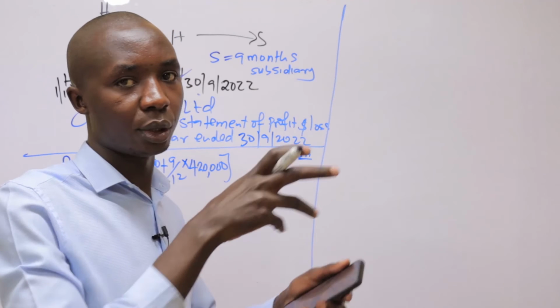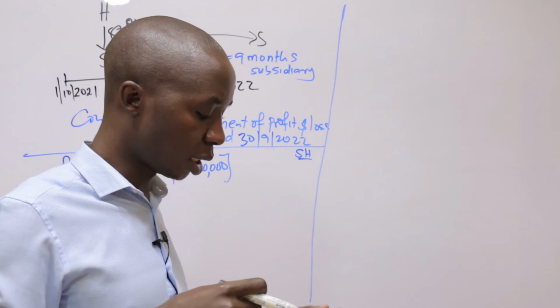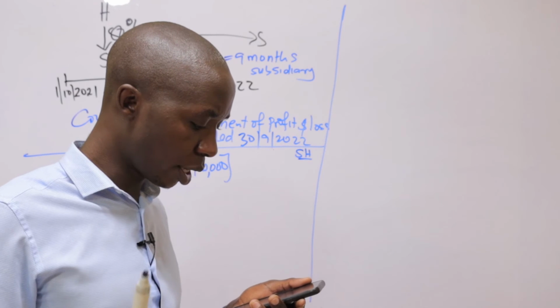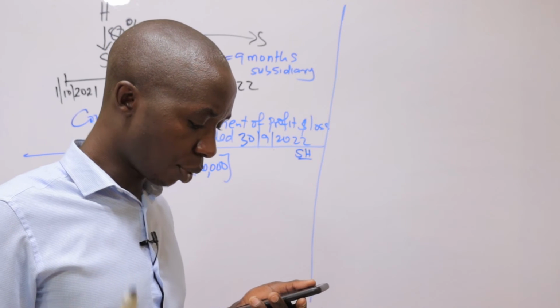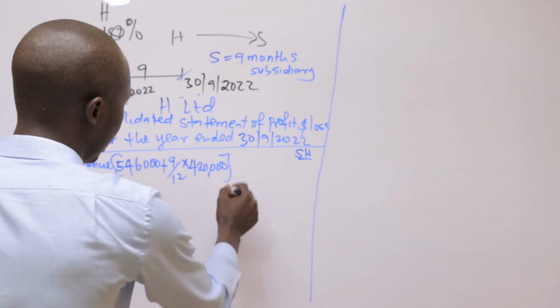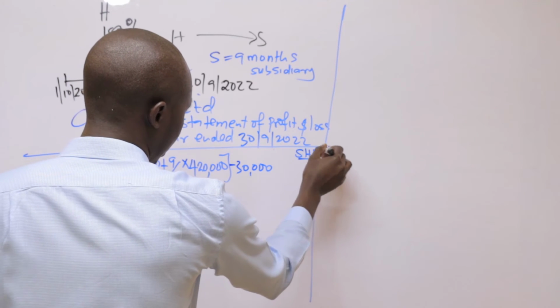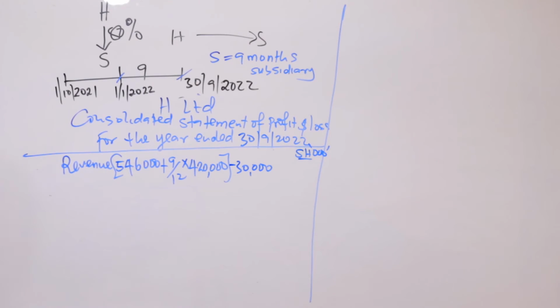So if there is any goods which they sold to each other, you eliminate that. There were sales which occurred, according to note 2, from S to H, at a price of 30 million. So that is what I deduct here. So shillings here is thousands. So for the computations, I will do later. Let's first record what is required to be recorded.